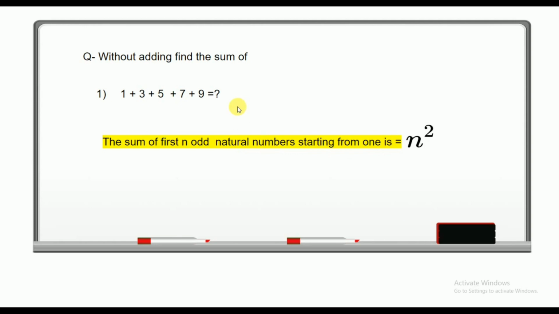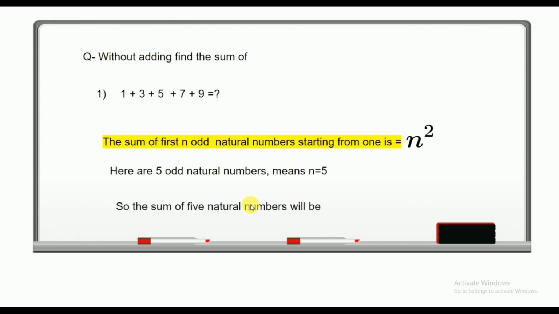Here the number of odd natural numbers are 1, 2, 3, 4, 5. So, these are 5 in number. It means n is equal to 5. So, the sum of 5 odd natural numbers will be 5 square, which is equal to 25.